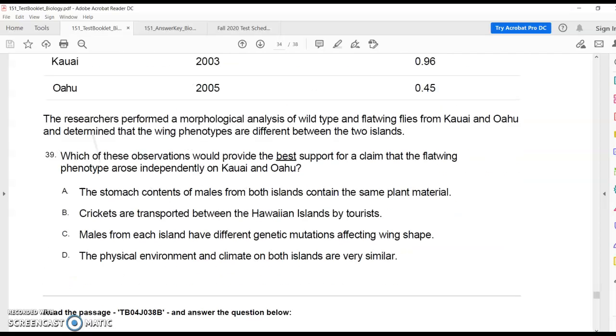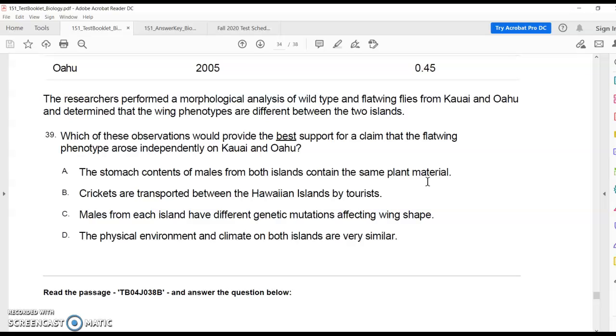So looking at 39, I think you would maybe narrow it down between B and C, and then just C sounds more scientific.